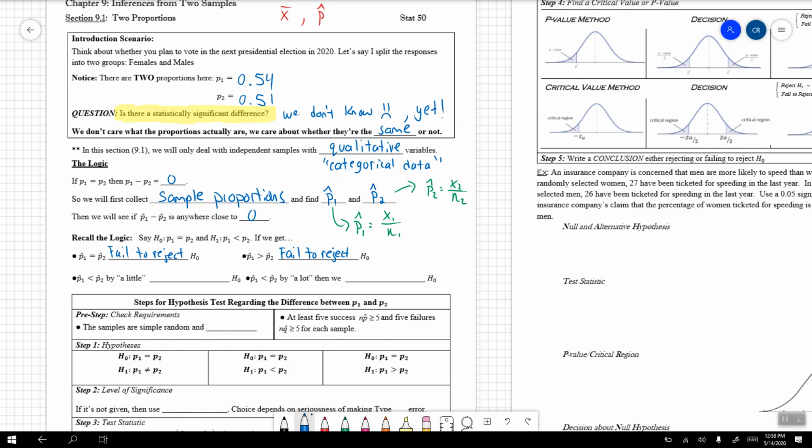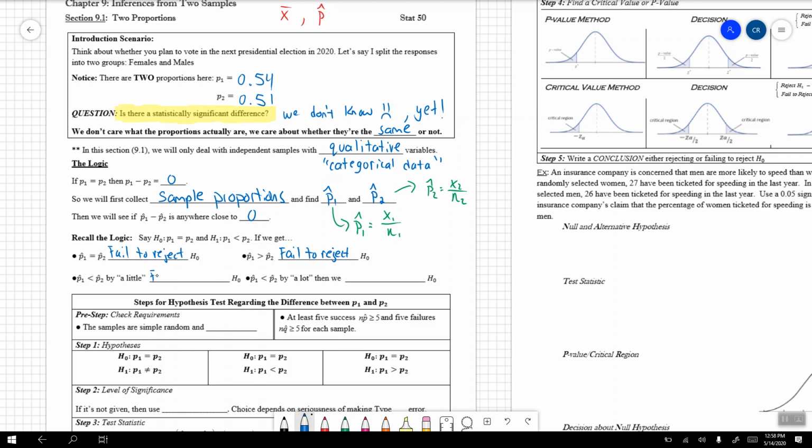We want to move 2 standard deviations away or more, right? That 5% rule that we were initially looking at from the beginning chapters. So if p hat 1 is less than p hat 2 only by a little bit, then there is still not enough information, or not enough data, for us to be able to refute this hypothesis.